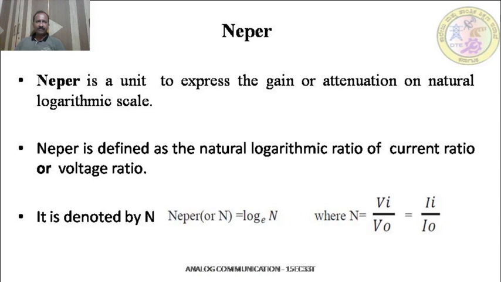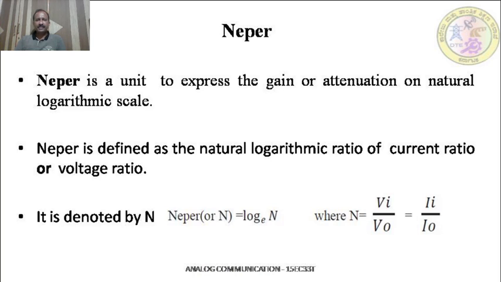Neper N is equal to log N base e, where N is Vi by V naught or Ii by I naught, that is, input voltage by output voltage or input current by output current. Like this, you can define Neper.